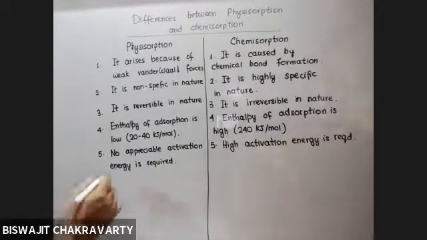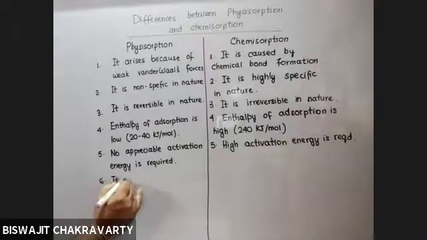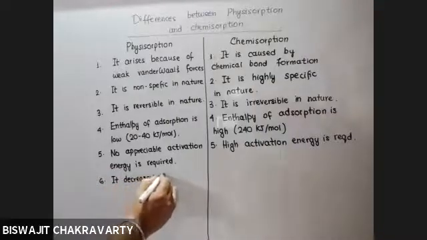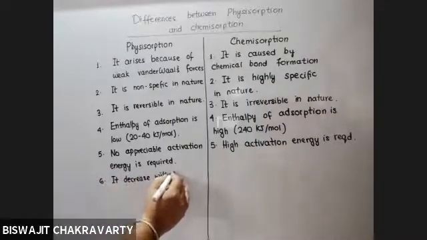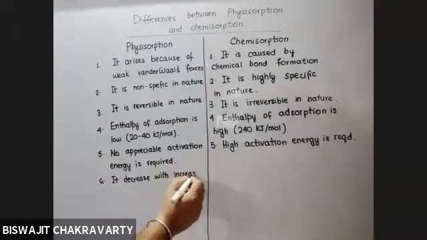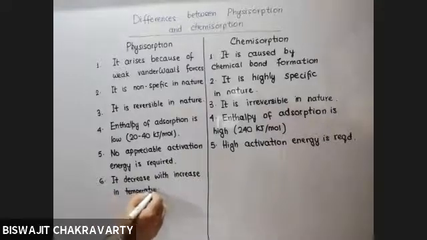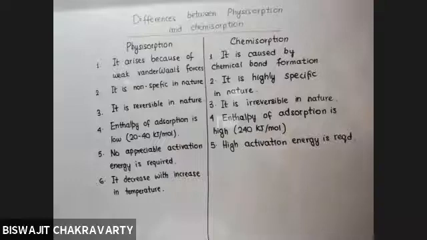Point number 6, it decreases with increase in temperature. Okay, so suppose Physisorption has occurred, the adsorbate has come, and it has been adsorbed by the surface of the adsorbent.